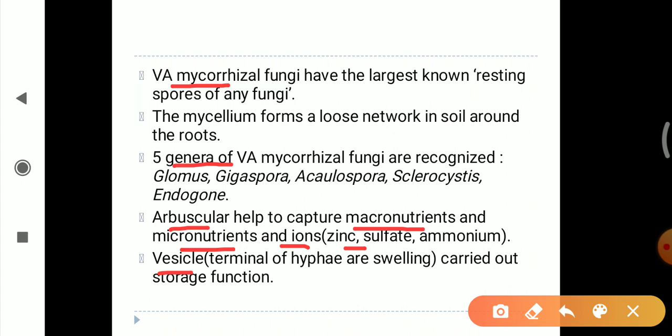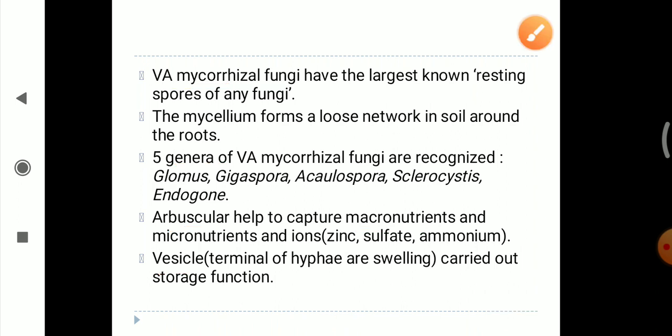Vesicle means balloon-like structures, as we have seen. The terminals of the hyphae swell, and this carries out the storage function. The function of the vesicle is storage.